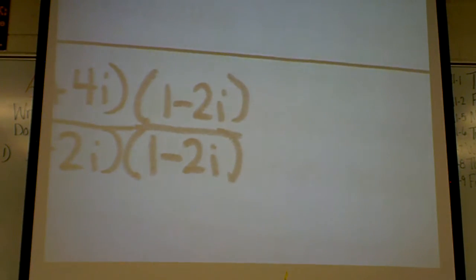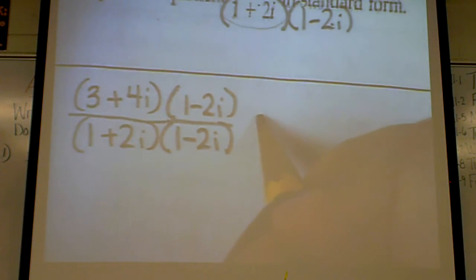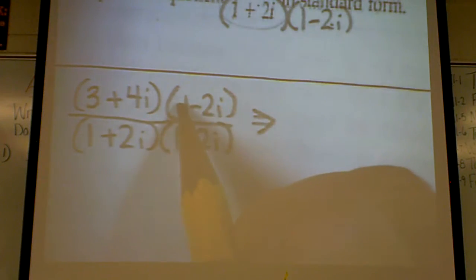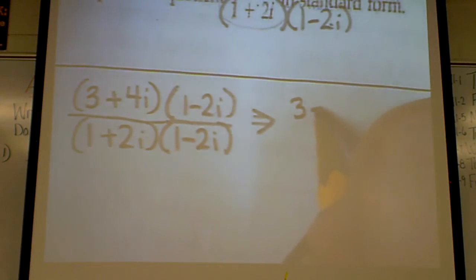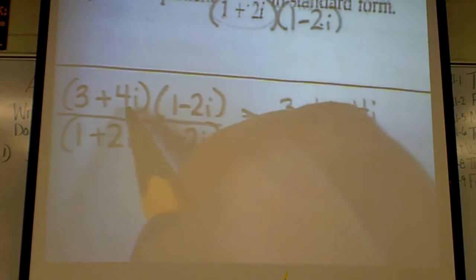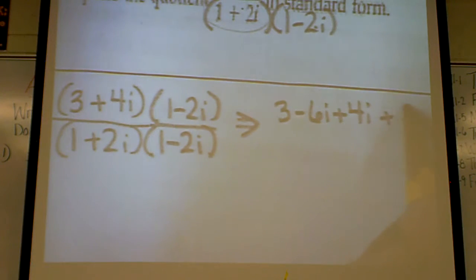We're going to FOIL and simplify. So our numerator, what is 3 times 1? 3. And then we have minus 6i plus 4i, we're just FOILing. And this is minus 8i squared. Can we simplify that? Plus 8.